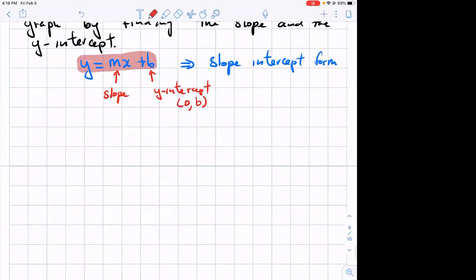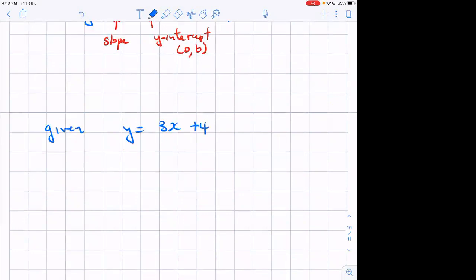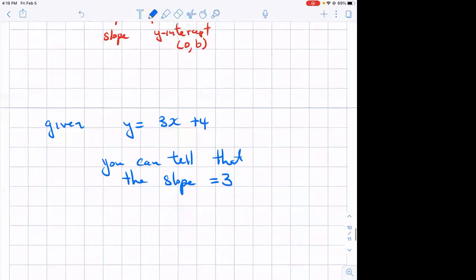So for example, if you were given y is equal to 3x plus 4, you can tell that the slope is 3 and the y-intercept is 0 comma 4.